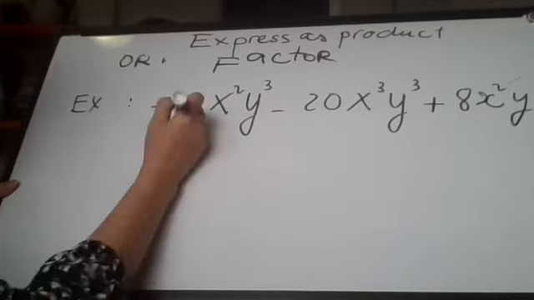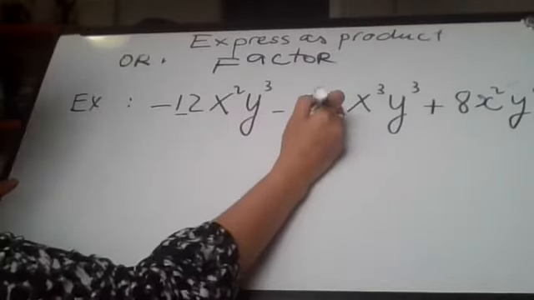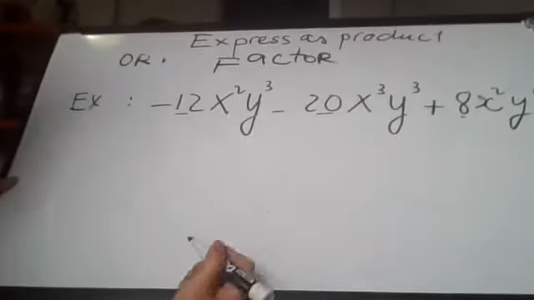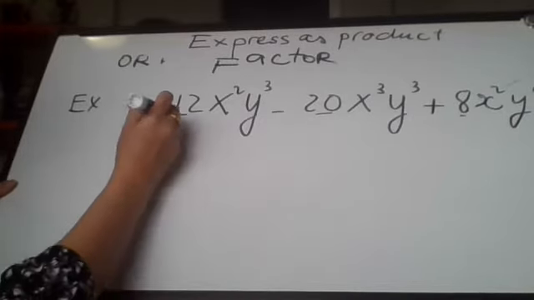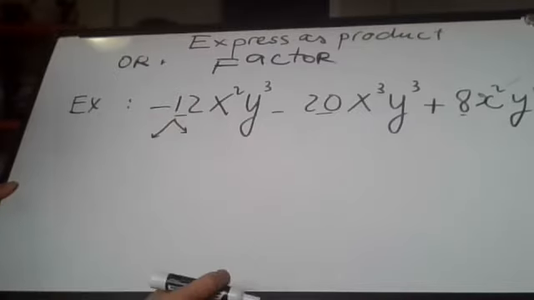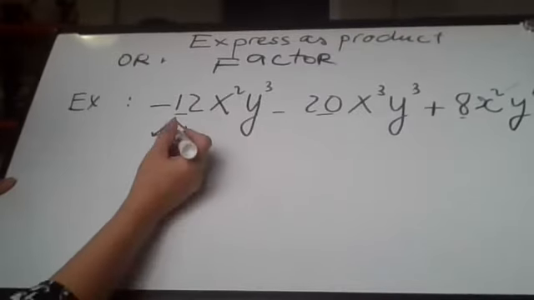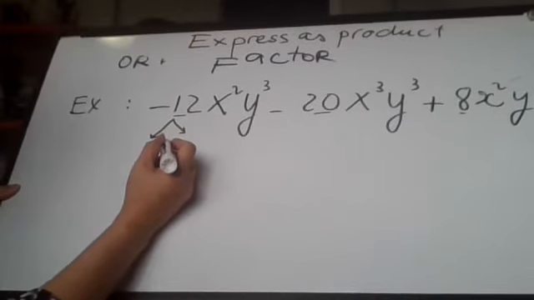So let's look at the common factor for the numbers. This is number 12, this is number 20, this is number 8. What is a common factor? We don't know until we break it down. So this one, that's why I told you, if you remember the multiplication table, you will do it quickly. So this, I can make it like 4 times 3.